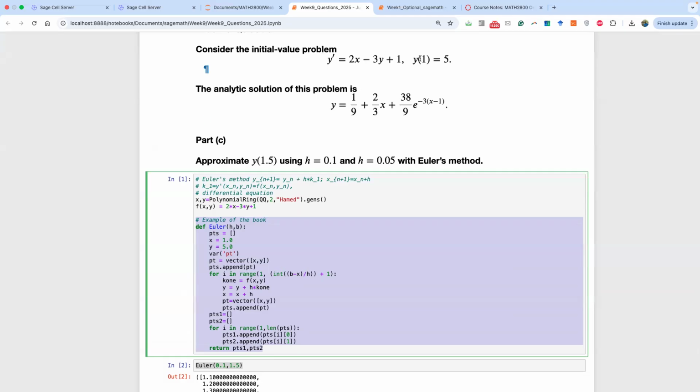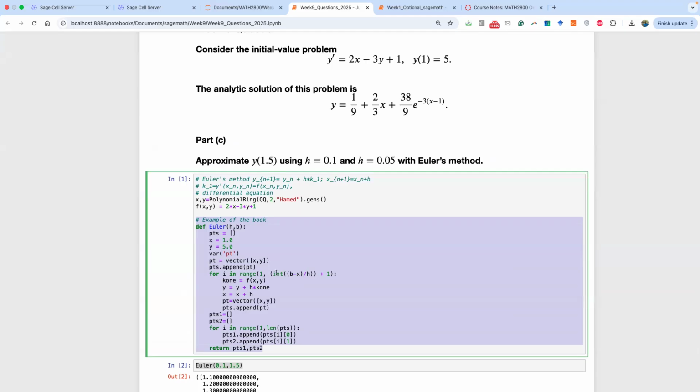Well, 1.5 minus 1 divided by h. So h is here. 1.5 minus 1, like x here, so it will be over h, 1/10.